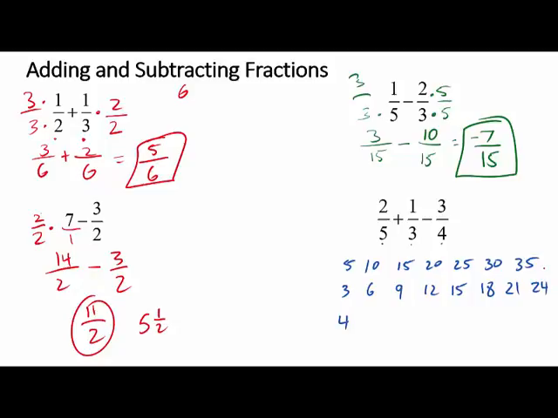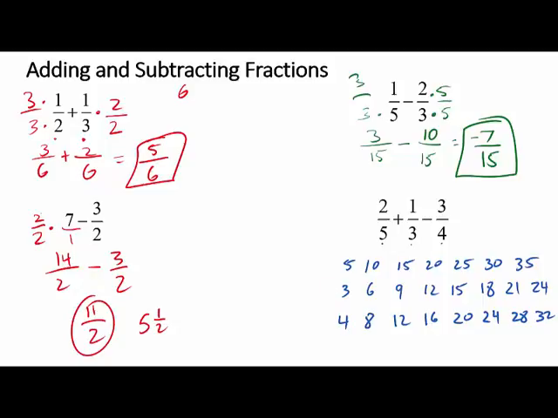We'll see if we can find one from this. And then for 4, we'll go with 4, 8, 12, 16, 20. We got 24, 28, and we'll stop up here at 32. Now let's see if we can find one that they all have in common. And to me, it doesn't look like I'm finding one here just yet. So we could keep going.